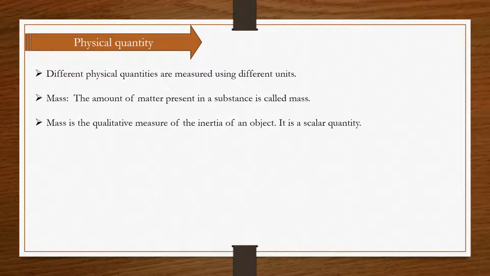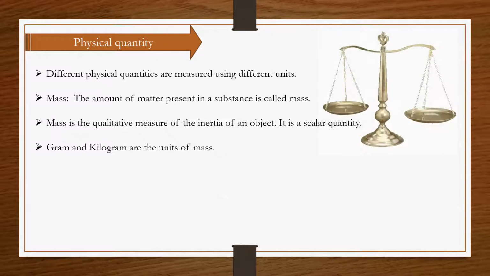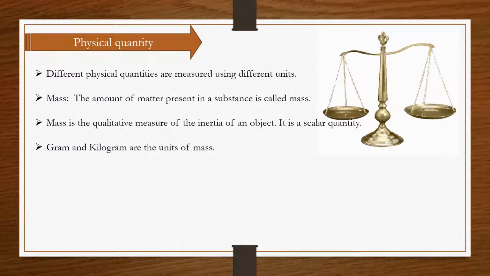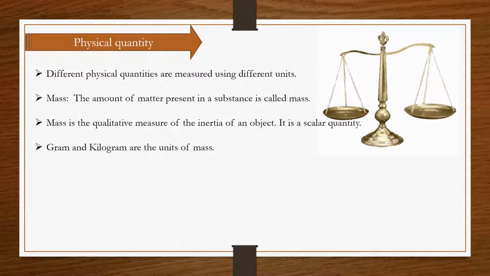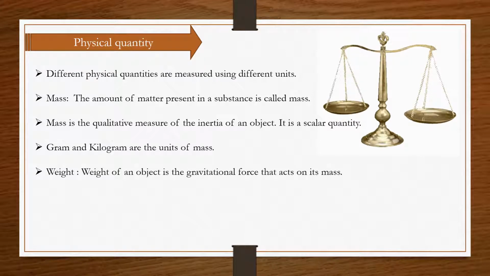The quantities mass and weight are however different. Gram and kilogram are the units of mass, and when we use the two-pan common balance in a shop, we compare two masses. Students, what we measure in grams and kilograms is mass and not weight. The gravitational force that acts on this mass is called its weight.